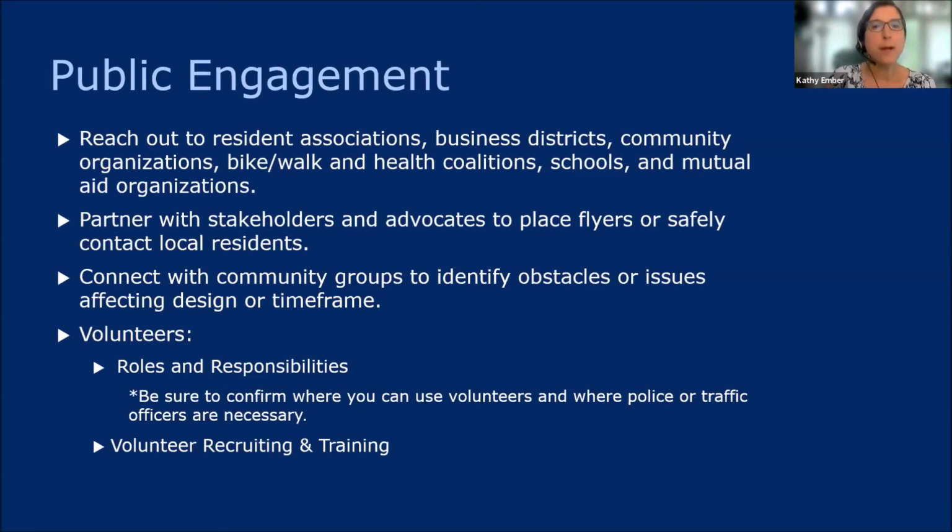The key is thinking about roles and responsibilities. So who is responsible to put out the barriers? Is it volunteers? Is it the police or traffic officers? Figuring that out is really important, and continuing the volunteer recruiting and training so that every day when you open it up again, if you're opening and closing, you make sure you have a consistent group of people and it's done successfully and it goes off very smoothly. Next slide, please.